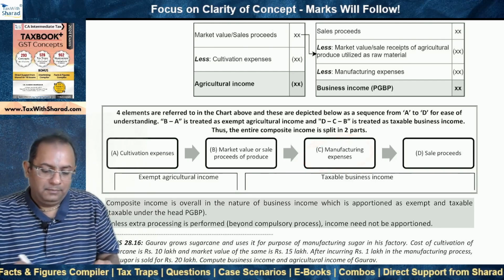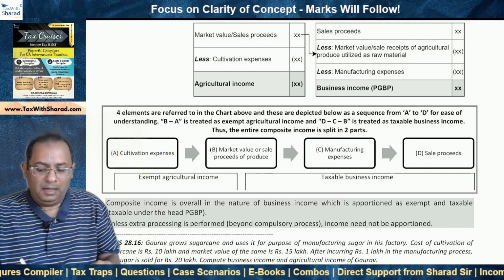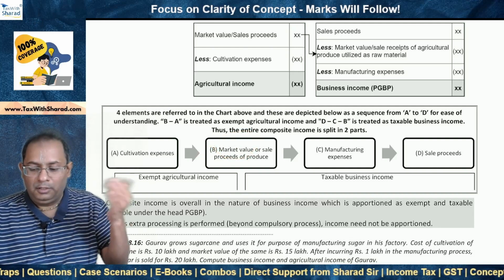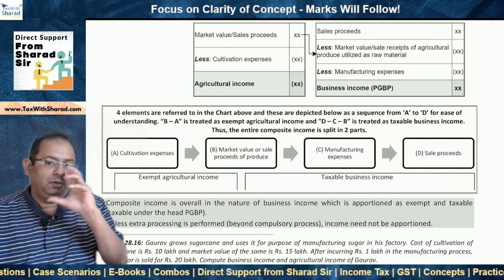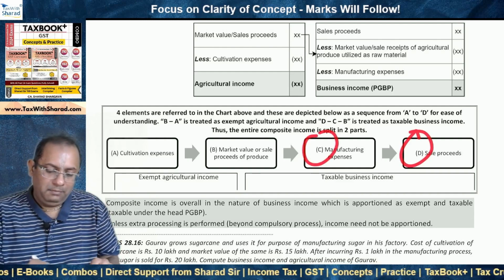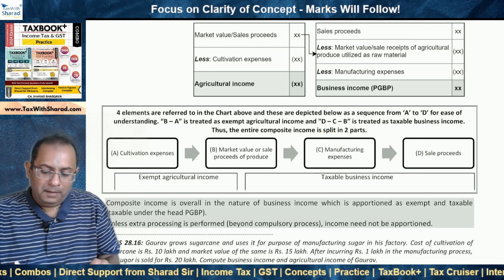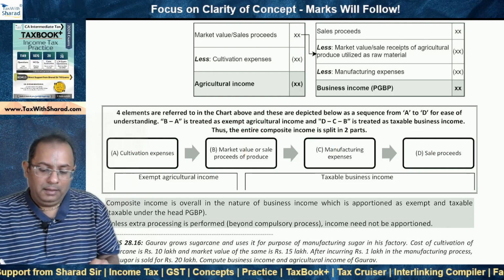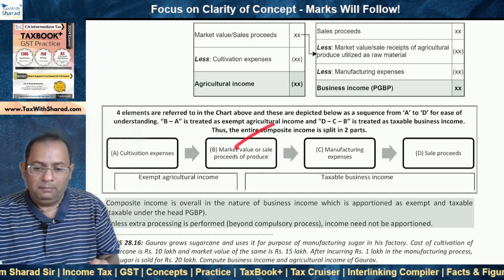Manufacturing expenses and cultivation expenses. Market value is an imputed value, so it is not actual, because we are using the sugarcane to manufacture sugar. So the actual business income that will arise in this case is D minus C minus A. Okay. B is something that we add while computing the agricultural income, and we reduce while computing the business income.